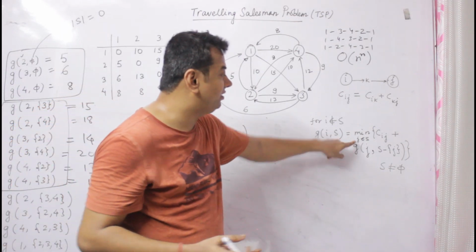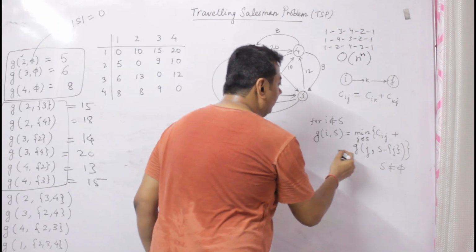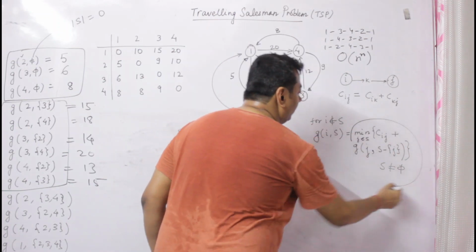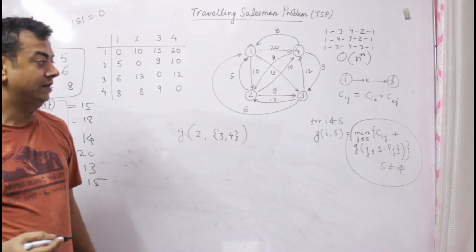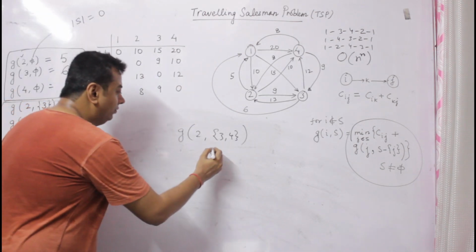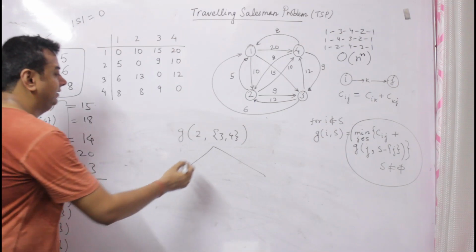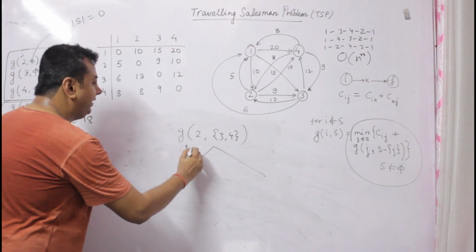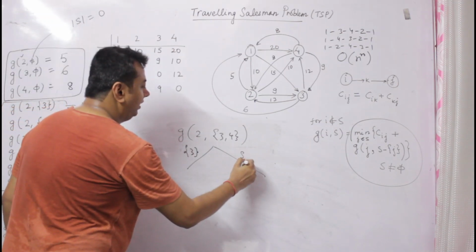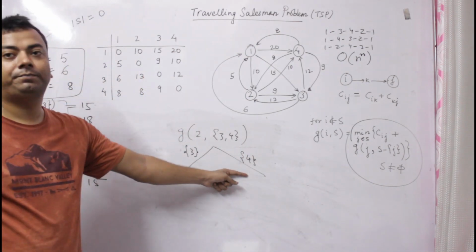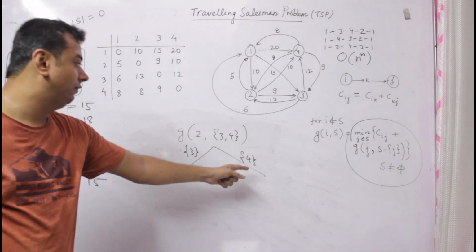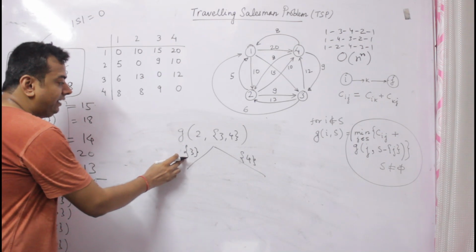So we have a choice: we can first select 3, and in the other path we can first select 4.